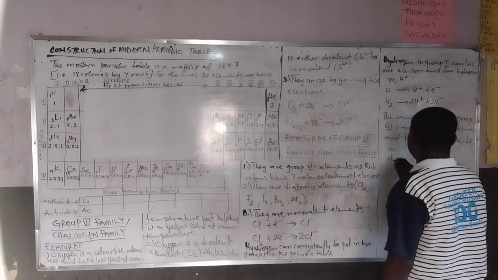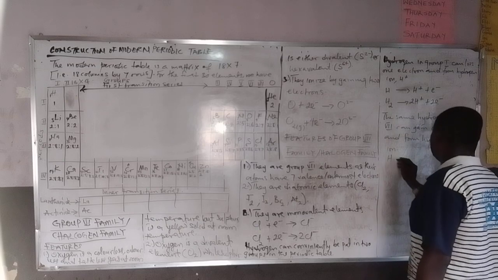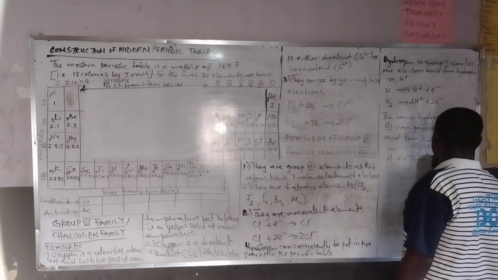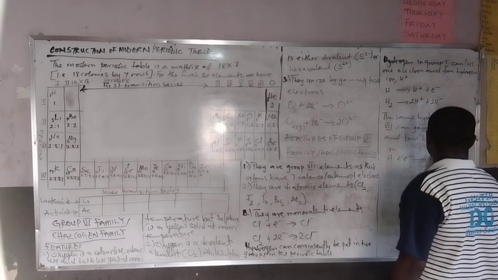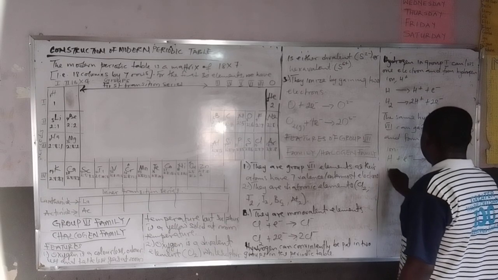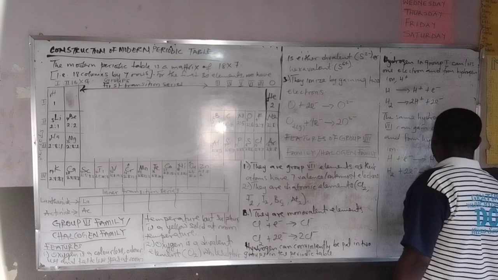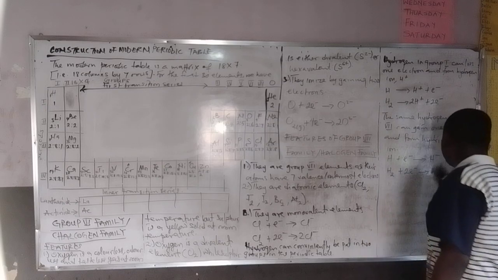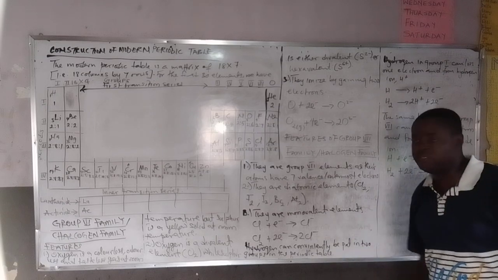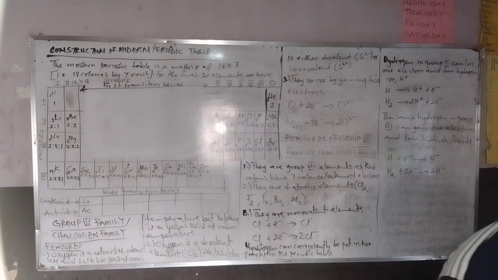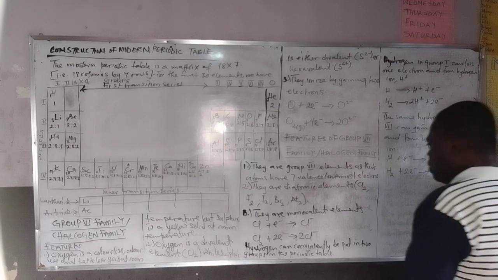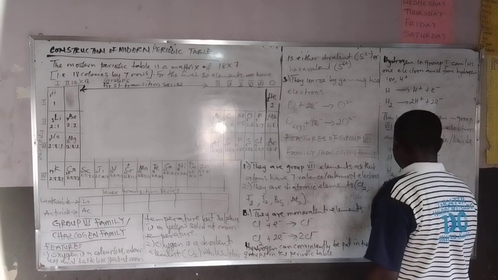So we have H, a hydrogen atom, plus one electron forming H minus this time around. Then if it is a molecule, H2 gains 2 electrons and forms 2H minus, behaving like hydrides. So when you see a question like that, name one element that can conveniently be put into two groups in the periodic table, the answer is hydrogen.